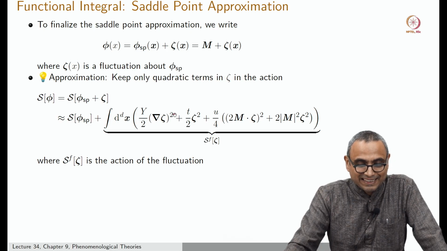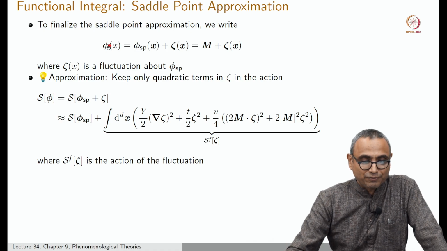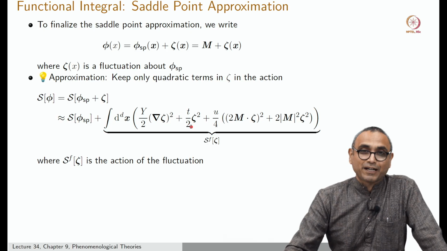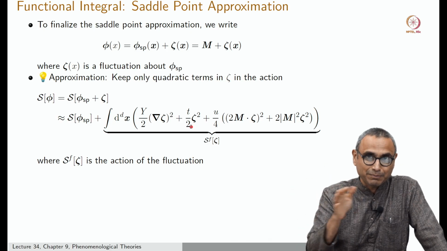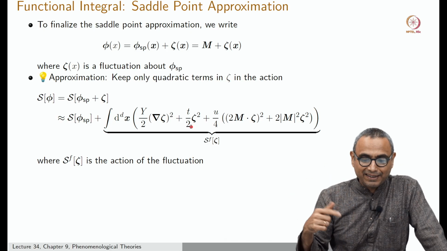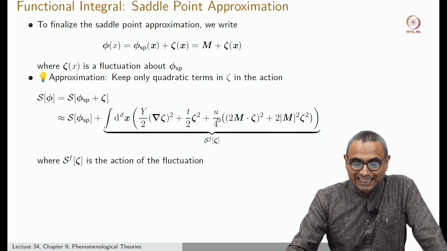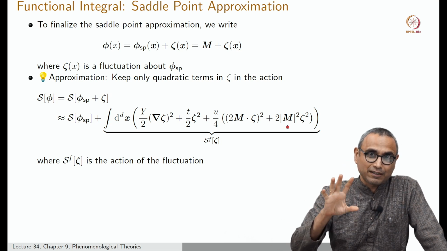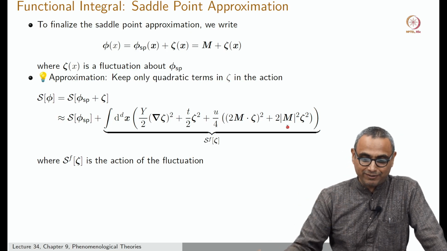It has this gradient zeta square, which is completely expected, because when I take the gradient of phi, the saddle point does not depend on x, so you just get gradient zeta square. And there is a t zeta square term, because when I write this as m plus zeta, the linear term dies because it's an extremum, and all I am left with is a quadratic term, which will be just zeta square. And this is the expansion of what I will get when I write phi of x in the quartic term as m plus zeta of x and keep up to quadratic order.